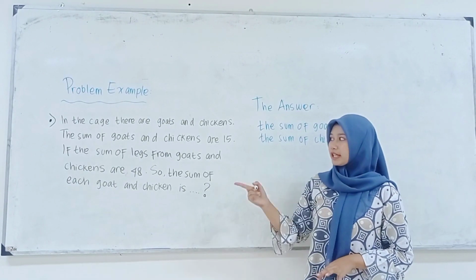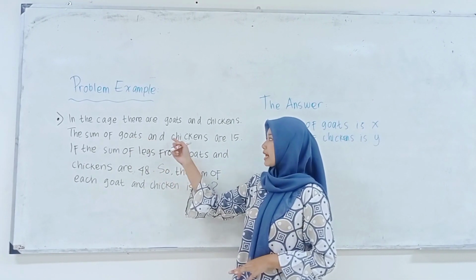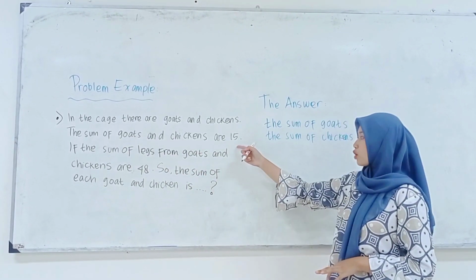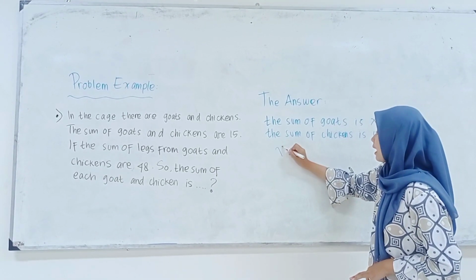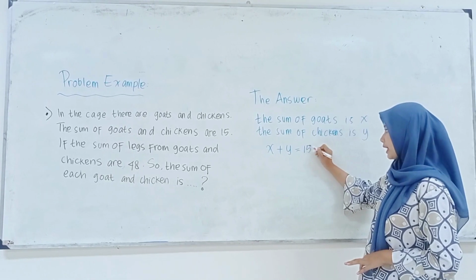So please pay attention to the second sentence. The sum of goats and chickens is 15. So we can write x plus y equals 15.